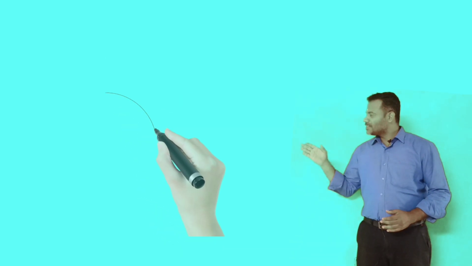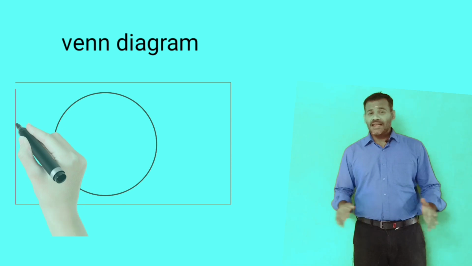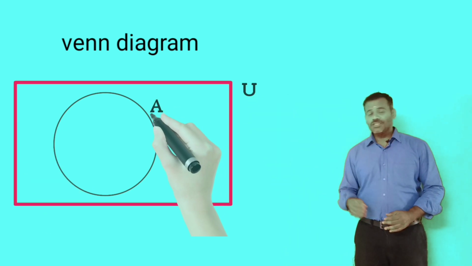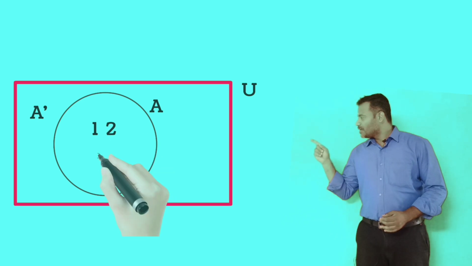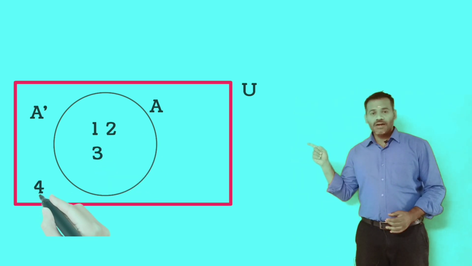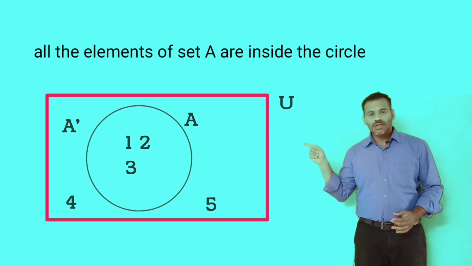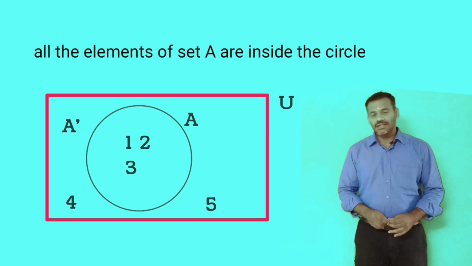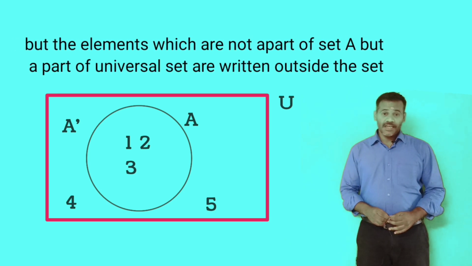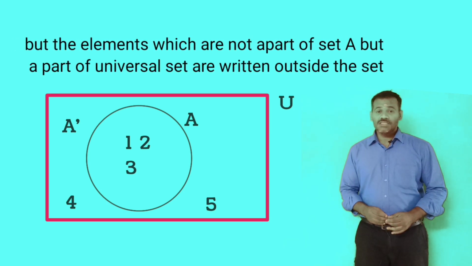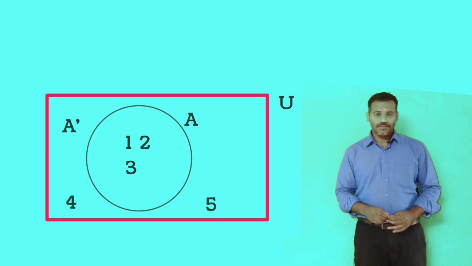Children, let us understand with the help of a Venn diagram. Let U be the universal set and A be the subset containing the elements 1, 2 and 3. Children, you can observe clearly that all the elements of set A, 1, 2, 3, are written inside the circle, but the elements which are not a part of set A but are a part of the universal set are written outside the circle, that is 4 and 5.